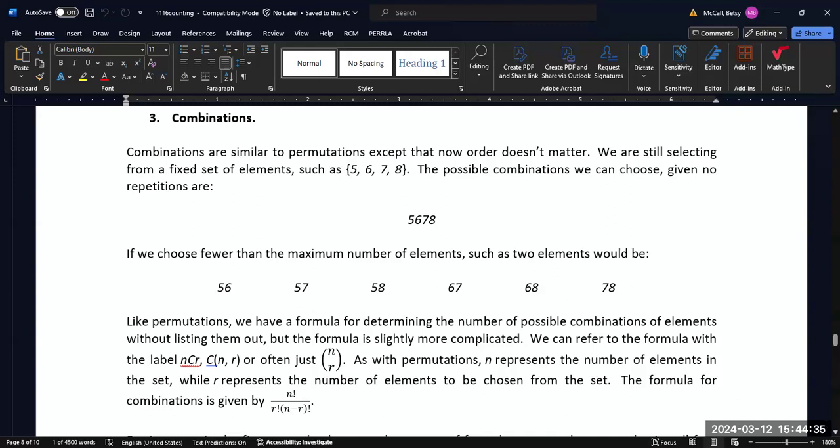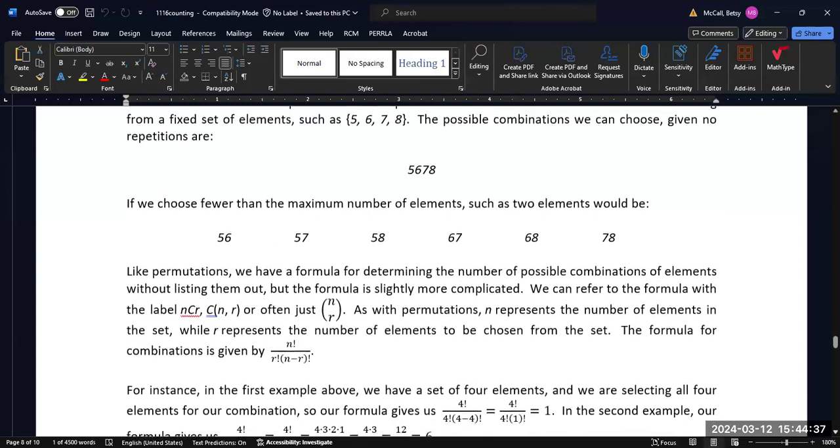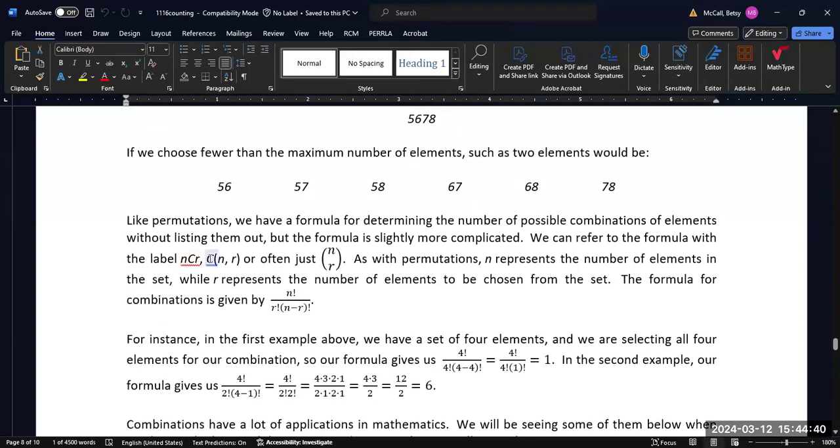Now, you can have notations for combinations that are similar to the ones for permutations, but changing C out for P. So C of n, r would be a combinations formula. The calculator will list NCR, which is also common, where C again stands for combinations rather than permutations.